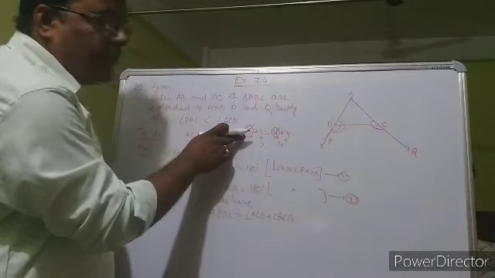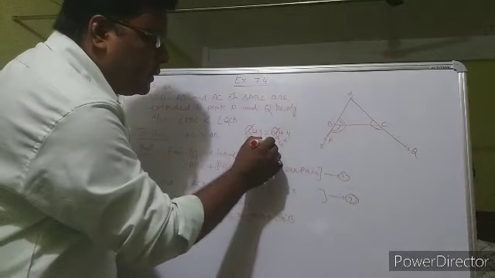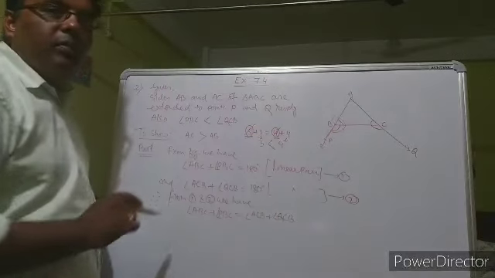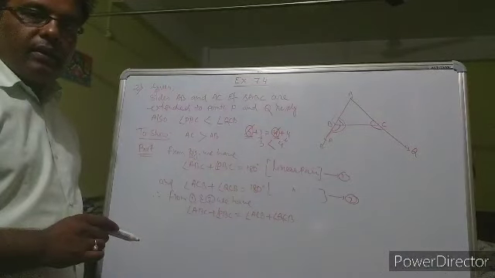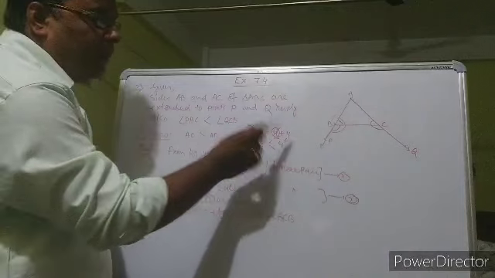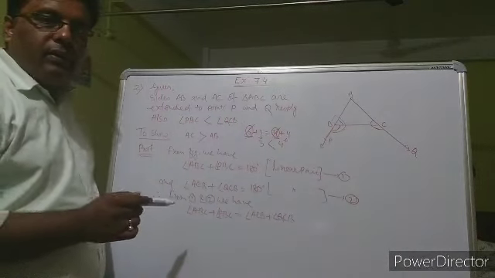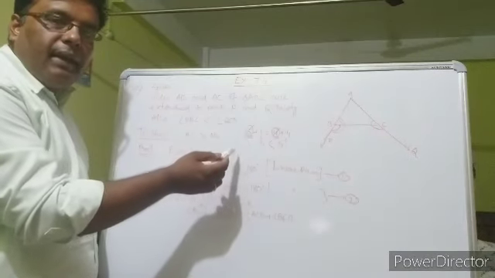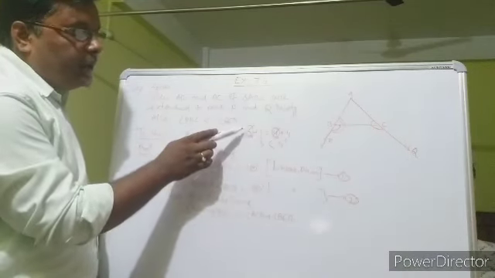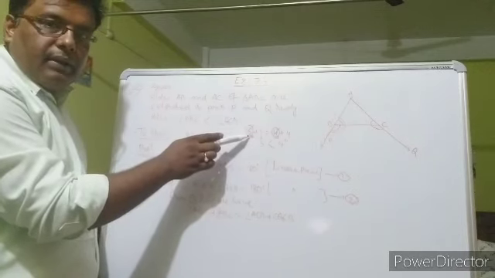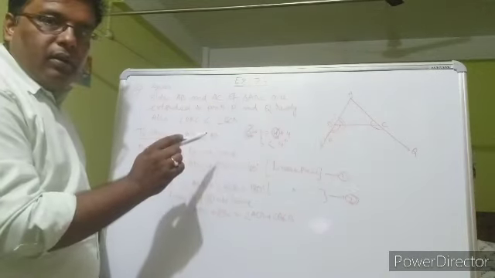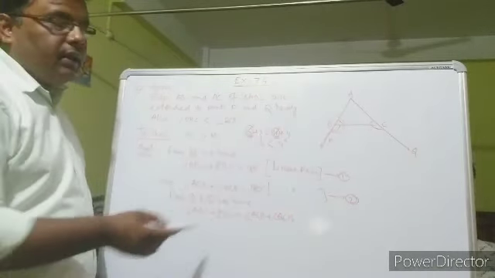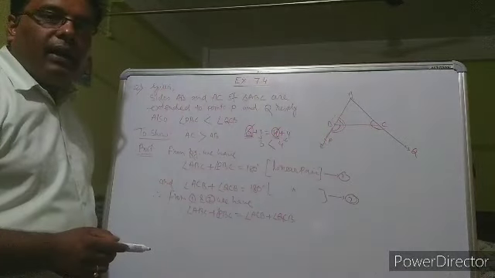So where we remove the greater part, the remainder becomes less than the remainder on the other side.